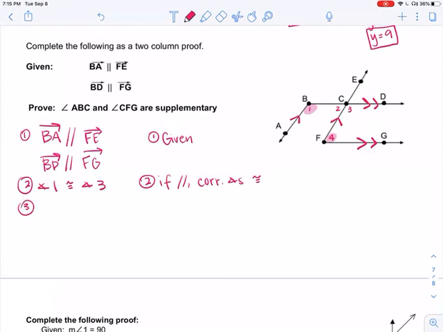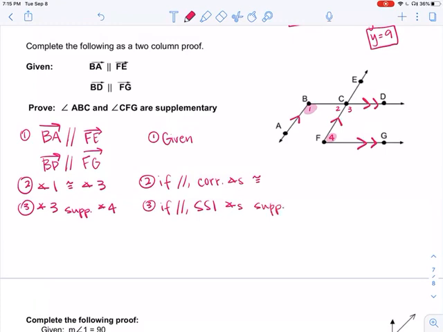For step 3, I'm going to use 3 and 4. Angle 3 is supplementary to angle 4, because if my lines are parallel, same side interior angles are supplementary.